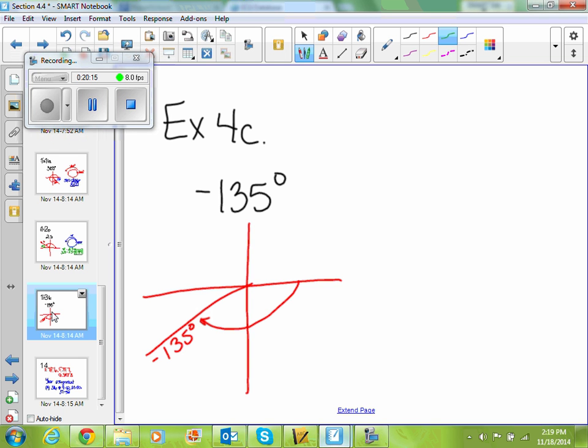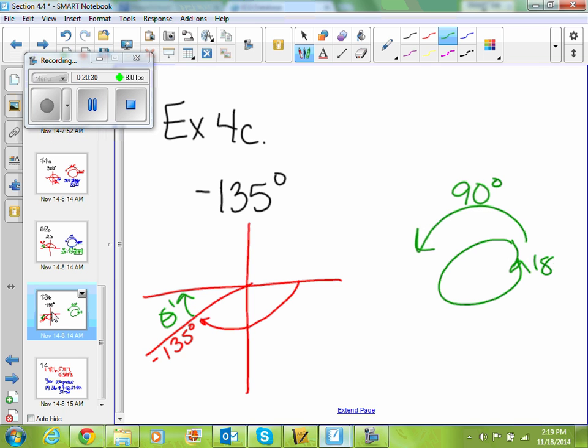To figure out what we need to get to the x-axis, I'm going to work with 90 degrees versus 180, because 180 gets me all the way around the circle, and I'm only trying to go halfway around. So I need to figure out what 90 degrees minus negative 135 degrees is.